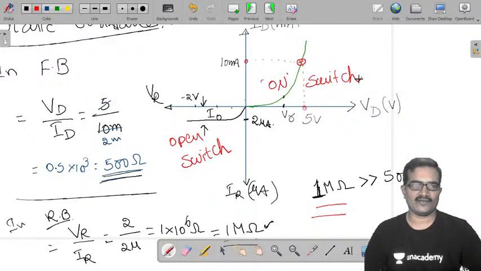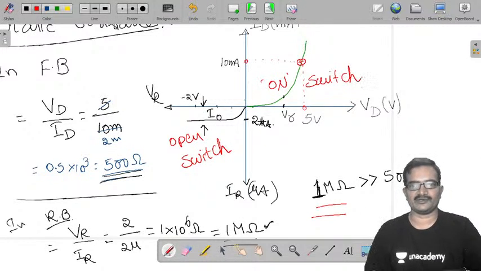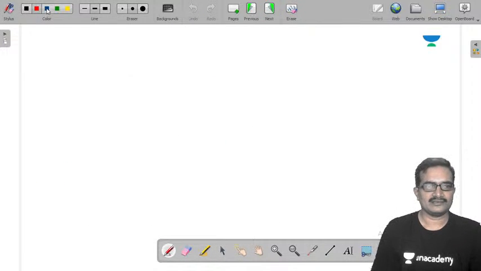Next we are going to take the dynamic resistance. So the next topic is dynamic resistance.